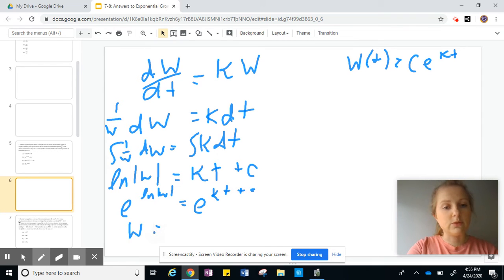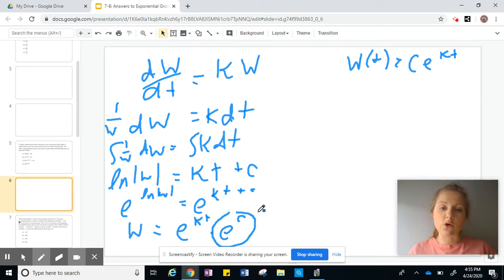So W equals e to the kt times e to the c. I'm just using an exponent rule. Since we have addition in the exponent, we can rewrite it like this. And since c is just an arbitrary constant, e to the c is also an arbitrary constant, so we can just call it c, another c. So that's how we get W equals c times e to the kt.